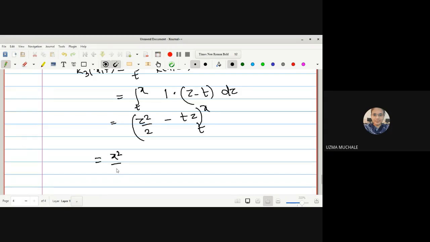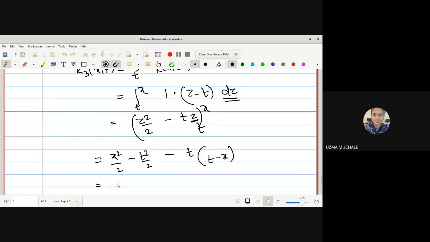So it is x square by 2 minus t square by 2 minus t as it is. Where you put the limits is very important, because we evaluated the integration with respect to z, so you have to put the limits of z. Sometimes you evaluate the integration with respect to z but put the limits of t, which is not correct. So t we keep as it is, and the limits of z are t to x. Now we get the formula for k3. We have to continue up to the term where we can get the generalization for k.